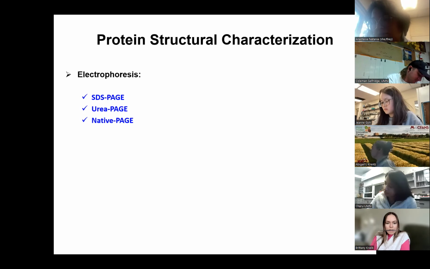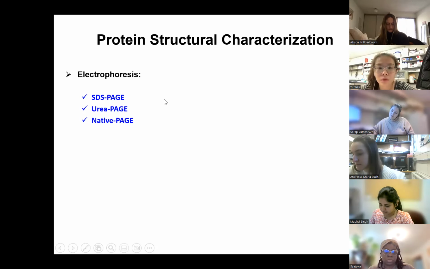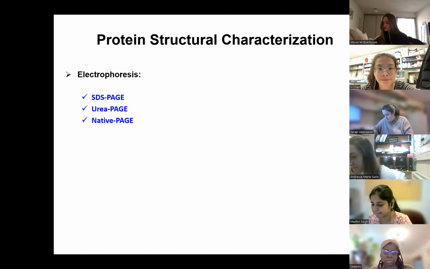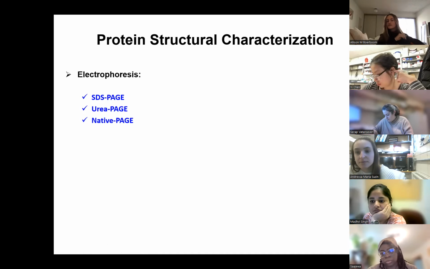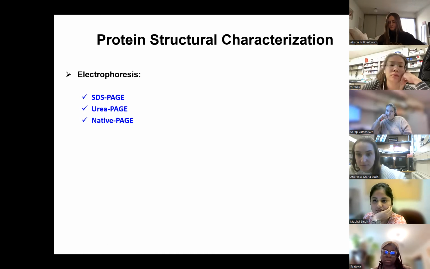Okay, good. All right. So now the last one is the native PAGE, and this is not very commonly used. Basically, you're not adding any detergent or any denaturing agent, and it doesn't give you a lot of information because the proteins differ in charge, they differ in size, and some of them are in quaternary structures. They won't move down if they're so large, like soy protein, for example, over 300 kilodalton is your glycinin.